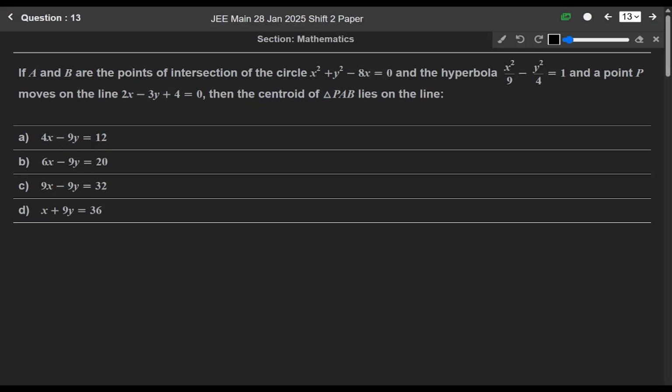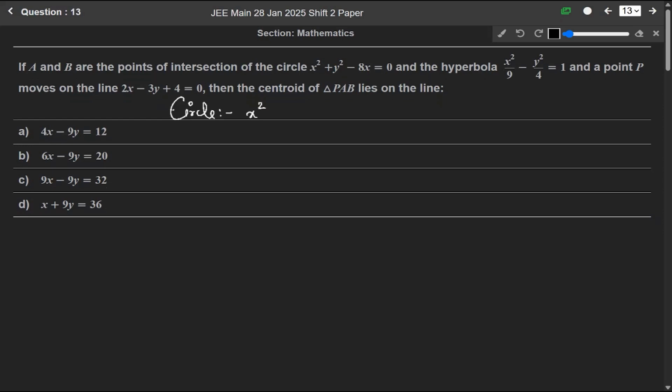Okay. So we are given the circle equation x² + y² − 8x = 0 and the hyperbola equation x²/9 − y²/4 = 1.